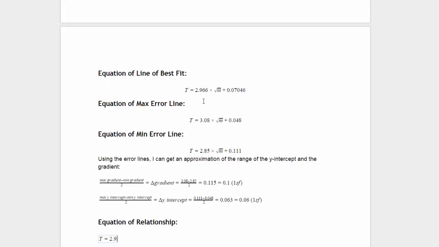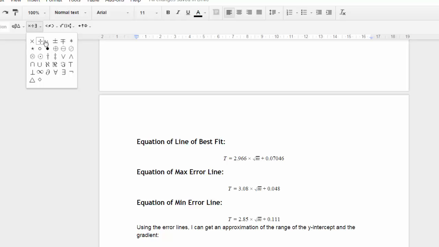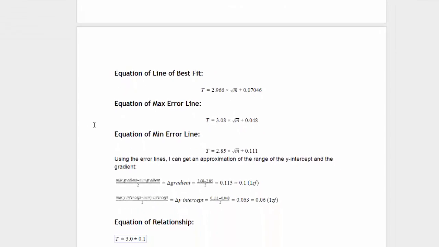But it's going to be plus or minus 0.1. So we only need it to 1 decimal place. So it's going to be 3.0. Oops. 3.0. And then we want to insert, what do we want? We want a plus or minus. Is that what this thing is? Yes, plus or minus 0.1. That's our gradient.